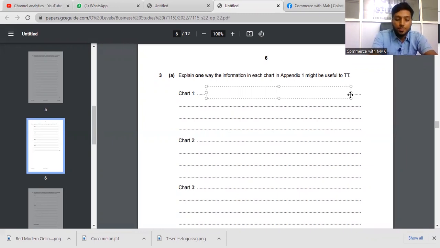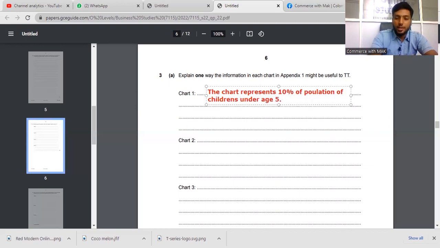So I'm going to write here. The chart represents 10% of population of children under age 5.